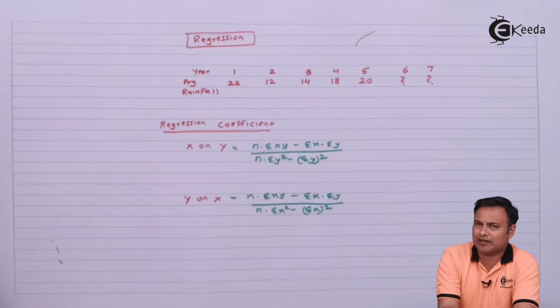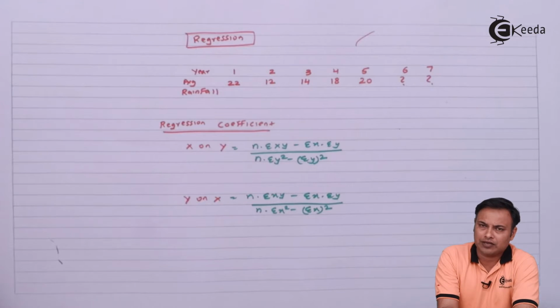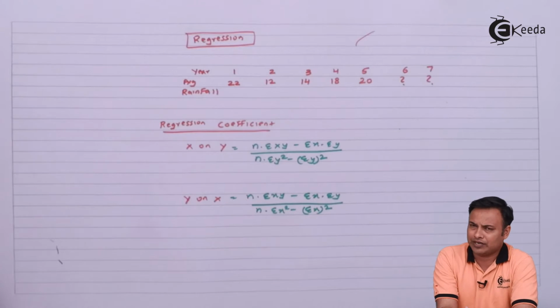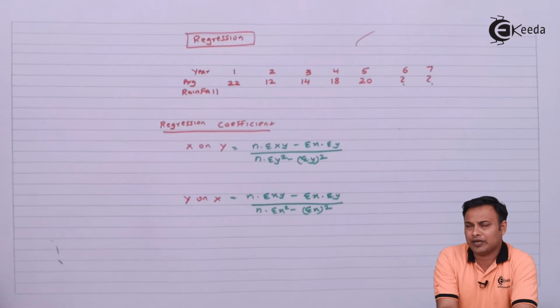Now what does regression coefficient indicate? How one variable may impact the other variable. For example, impact of x on y can be indicated by the coefficient x on y, whereas impact of y on x can be indicated by the coefficient y on x.